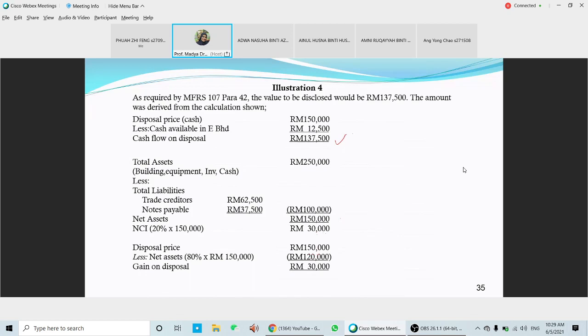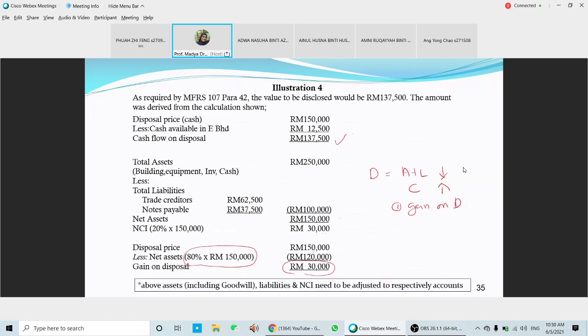So the disposal price here is 150 minus your net assets here, which is 120, net assets of 80 times 150. So you're going to receive a gain on disposal here of 30,000. Remember that for a disposal, assets and liabilities are going to be reduced, cash is going to increase, and then you're going to have one item, which is a gain on disposal.